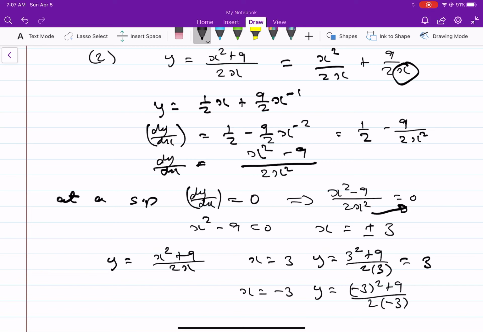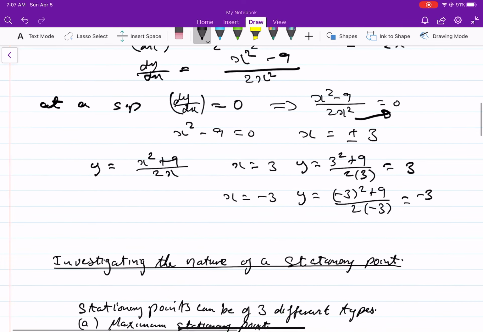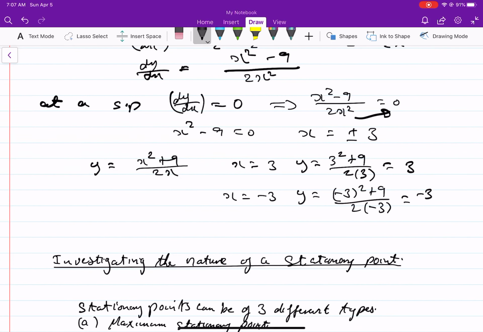I still have 18 in my numerator upon minus 6, and that's a minus 3. So my stationary points, two stationary points here again, and their coordinates are (3, 3) and (minus 3, minus 3).